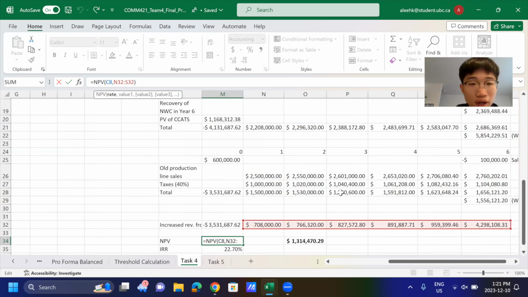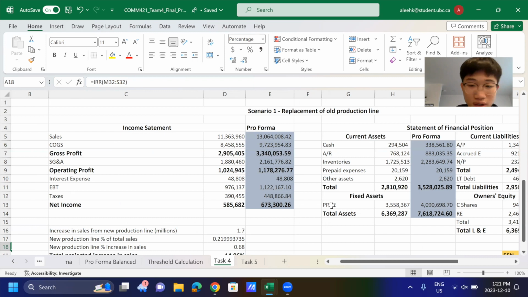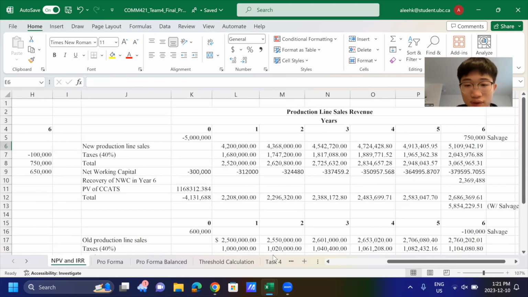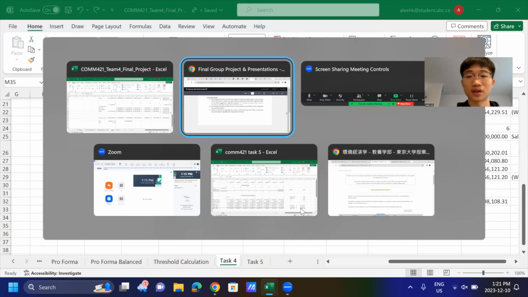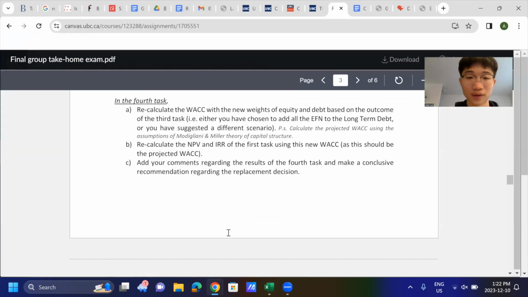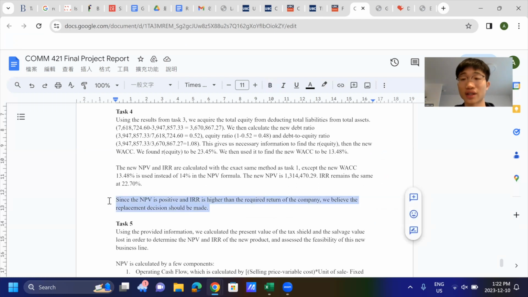And the IRR would actually be the same as task 1, which is here. Yeah, and the NPV is slightly different, but it is a little bit higher. So we basically made the same decision as in task 1. Since the NPV is positive and the IRR is higher than the rate of return of the company, we believe that the replacement decision should be made.